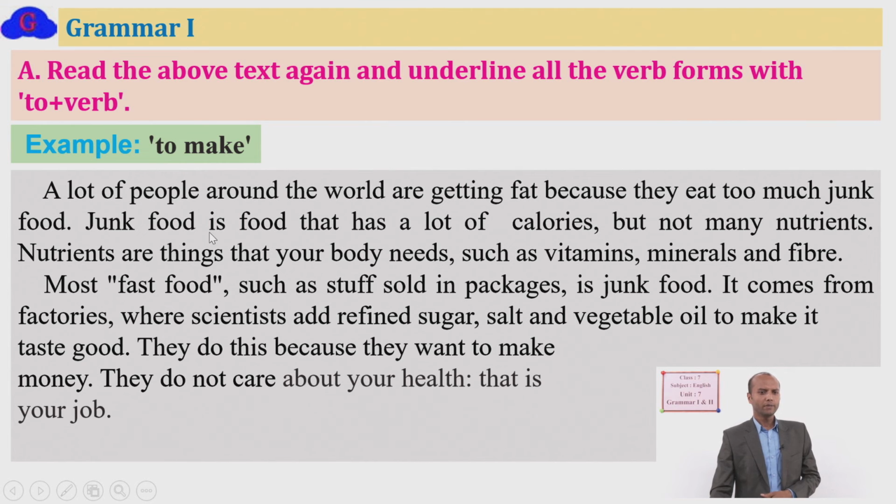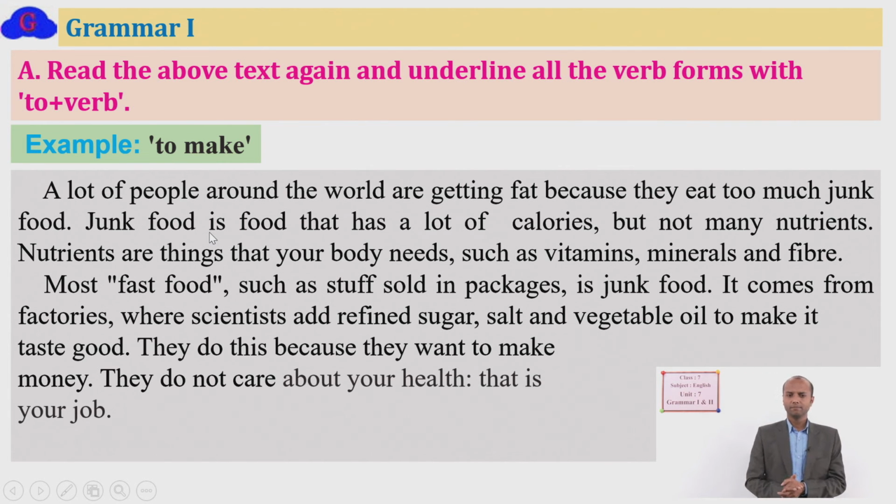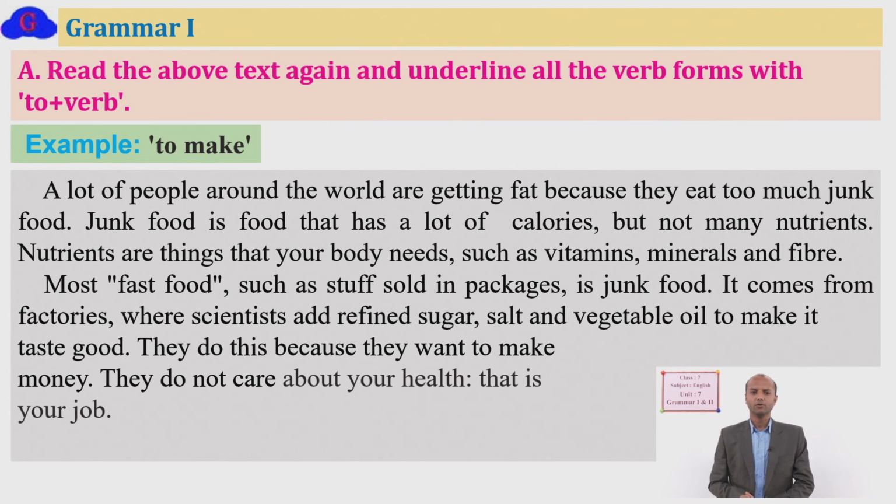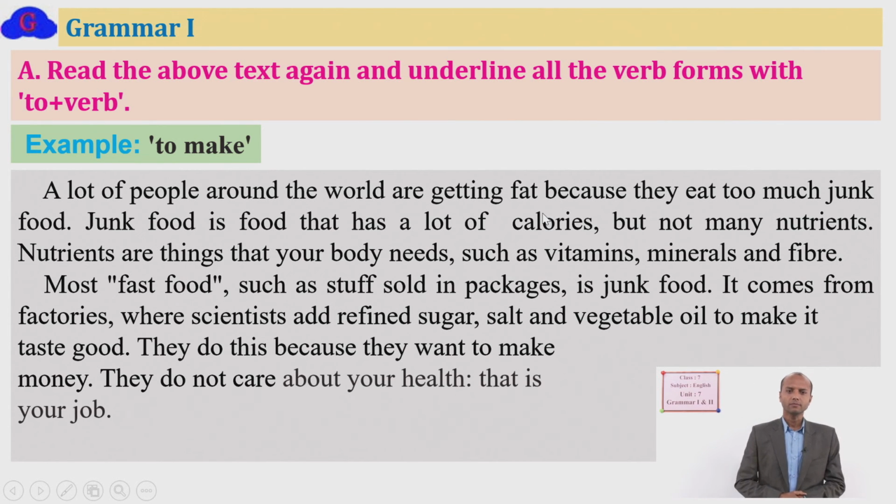Okay, so I have copied the text Fast Food for you. I think it is easier for you to read here. So please go through these two paragraphs now and find out which are the such constructions having to plus verb. Please find here. Have you found?